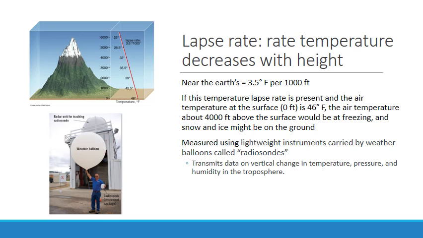Until the 20th century, scientists believed that the air temperature decreased with height throughout the entire atmosphere until a value of absolute zero, negative 273 degrees C, was reached at the outer edge of the atmosphere. In 1902, it was discovered that temperature does not decrease continuously with an increase in altitude.